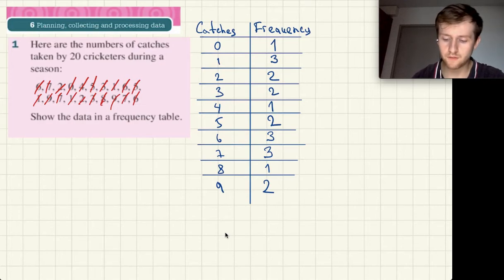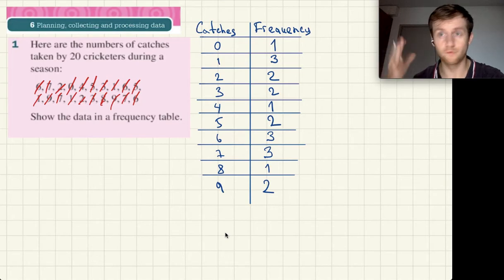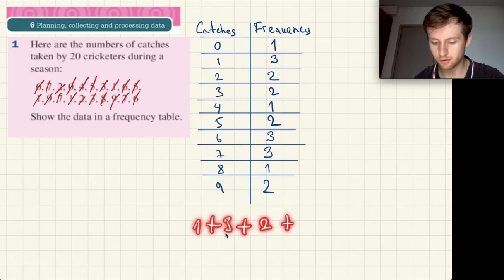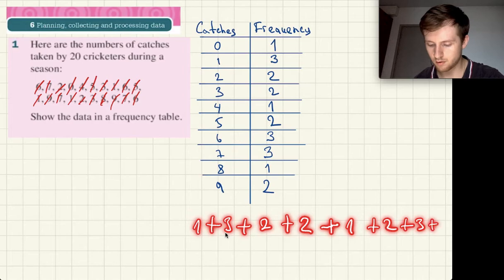Just in case, we can add them together to make sure we didn't mix anything up. Let's do a small check. I'm going to add all the frequencies together: 1 plus 3 plus 2, plus 2, plus 1, plus 2, plus 3, plus 3, plus 1, plus 2.